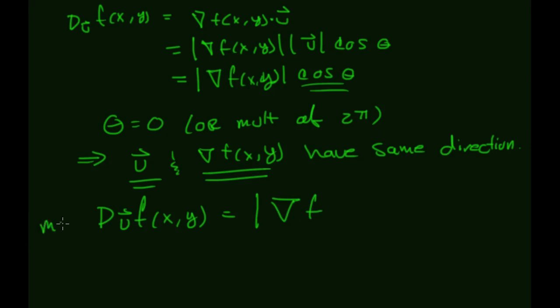So the maximum of the directional derivative is when this happens to be equal to that, because the cosine just goes to 1, and now we have proof. So short little postcard proof, somewhat elegant, but it makes its point. So let's see if we can use this to find some sort of maximum.